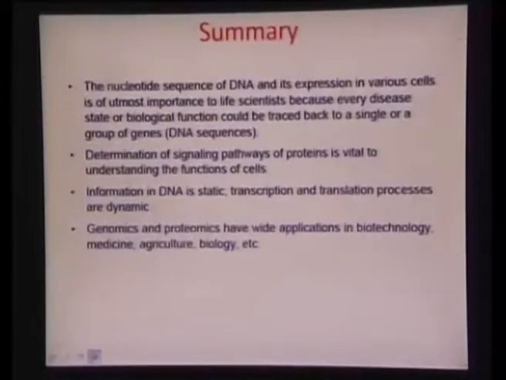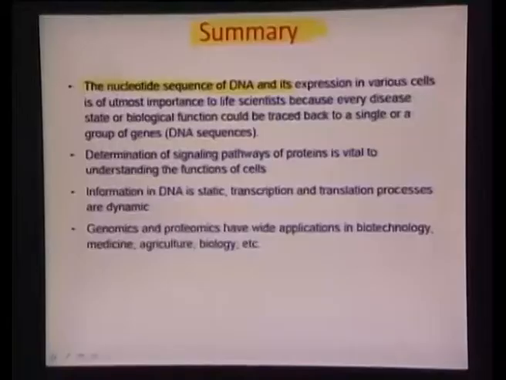In summary, I would like to say the whole area that we have been discussing so far of this translation and transcription is essentially revolving around the fact that the nucleoside sequence of DNA and its expression in various cells is of utmost importance, because every diseased state or biological function of a cell could be traced back to a single gene or a group of genes, as DNA sequences.